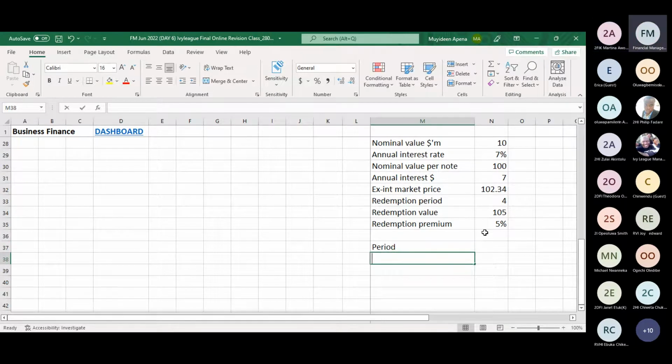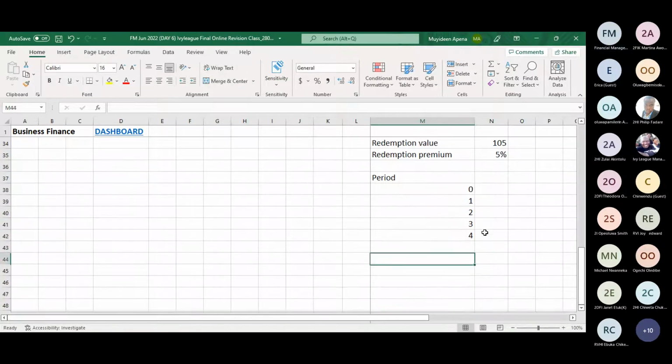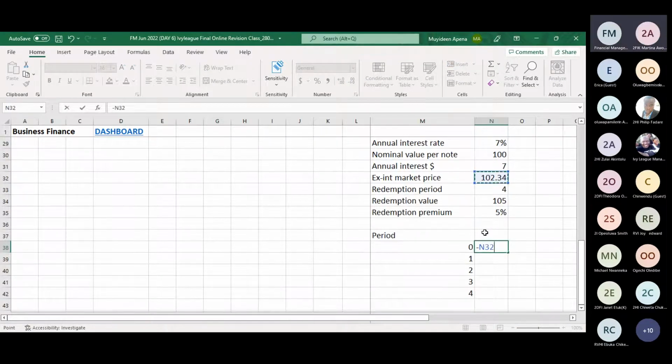So let's list them: 0, 1, 2, 3, 4. At year 0, what's the value? Negative 100, the market value.